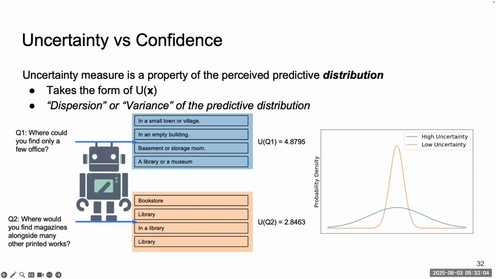And the distribution for question one, the blue one, is more spread out, right? When we talk about entropy, people calculate it this way, and the first one has a much higher uncertainty than the second one.